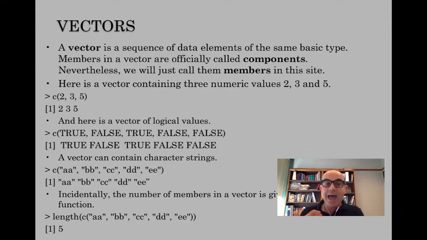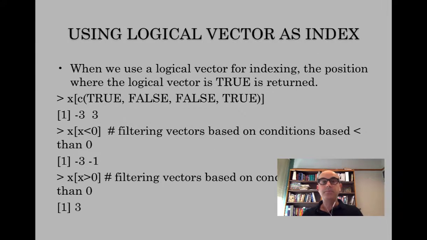A vector can also contain logical values, true or false, or characters as strings. The number of members in a vector is given by the length function.